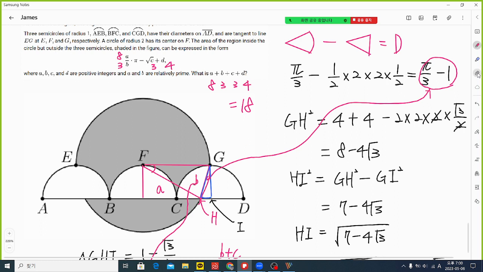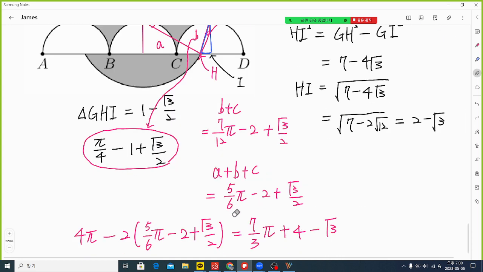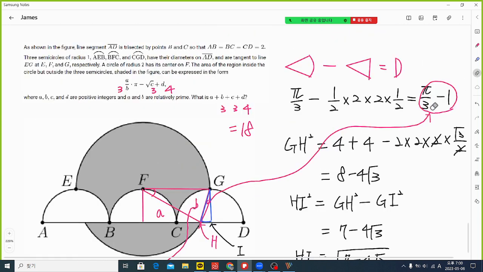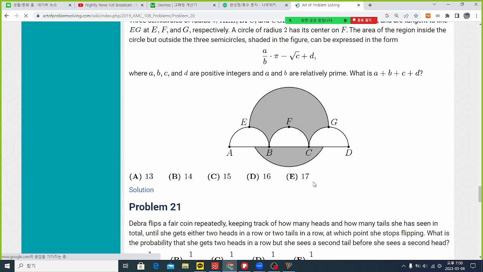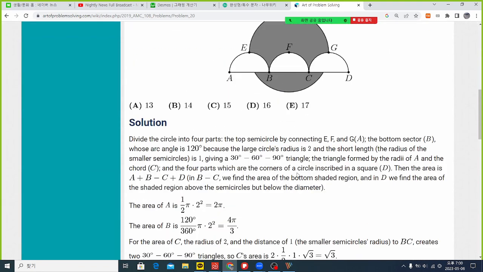This is 7 instead of 8. Yep, so now it's 17 instead of 18. Yep.